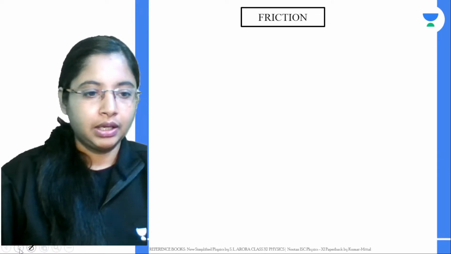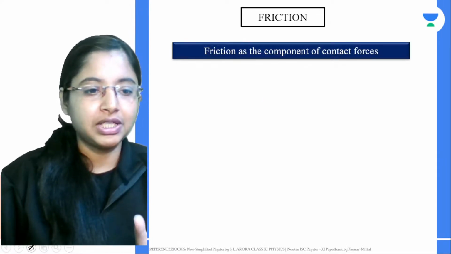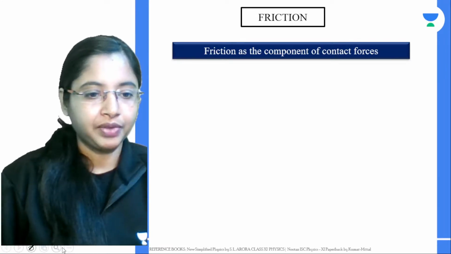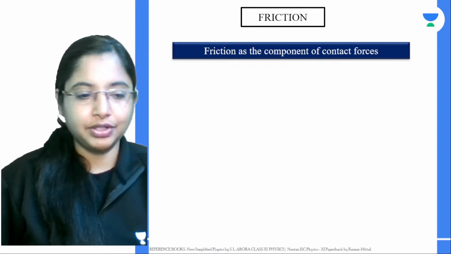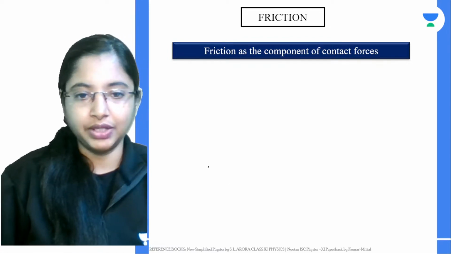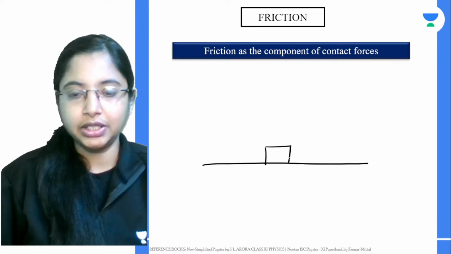Now, whenever we are talking about friction, friction is actually a component of contact force. Let's say we have a surface, and on this surface there is an object.